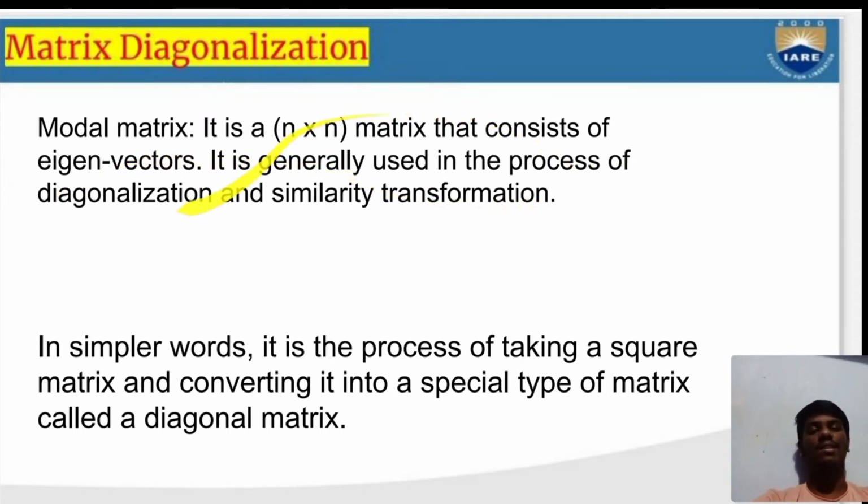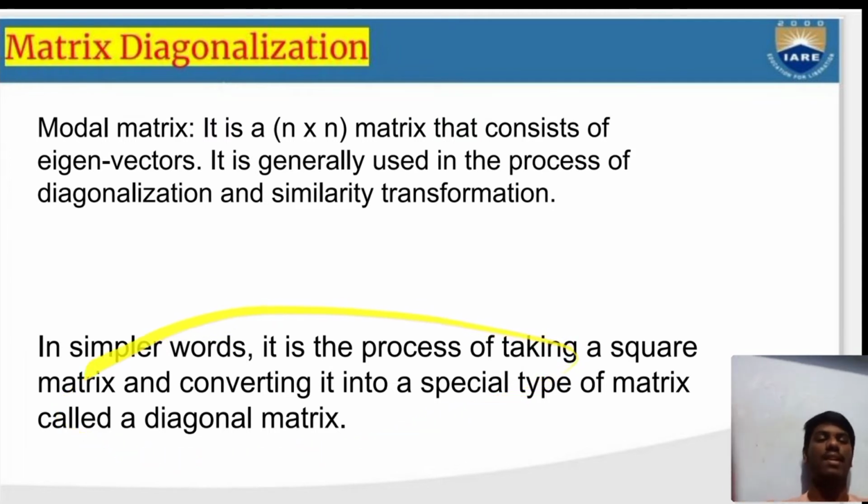In the previous slide we saw that modal matrix P is used to diagonalize the A matrix into D. In simpler words, it is the process of taking a square matrix and converting it into a special type of matrix called a diagonal matrix.